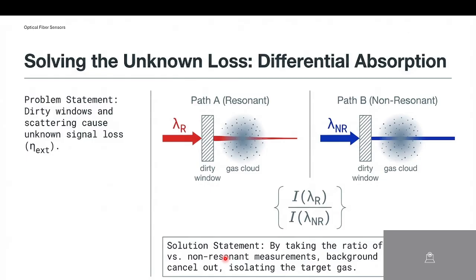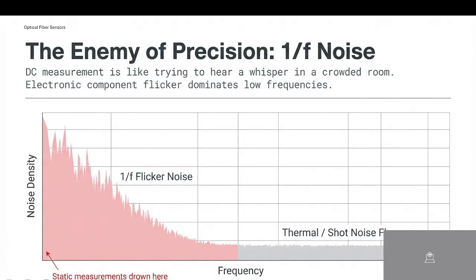Moving towards the next thing, as we know, to increase the SNR we need to increase the accumulation. However, the noise density, which is 1 by f flicker noise, will decrease with increasing frequency.